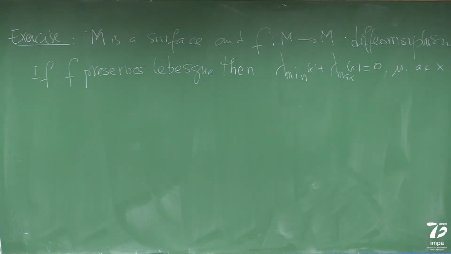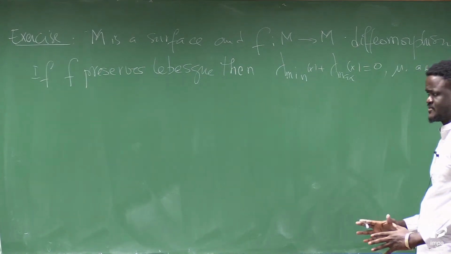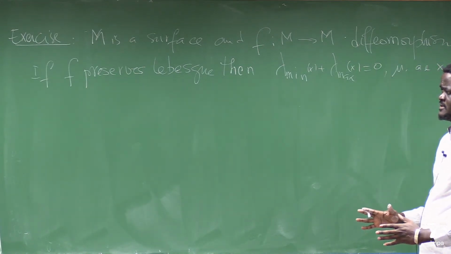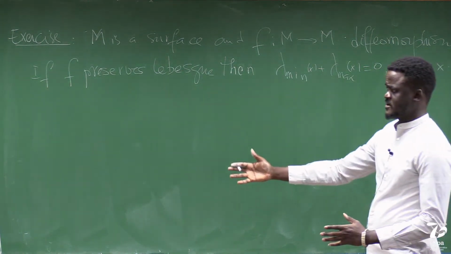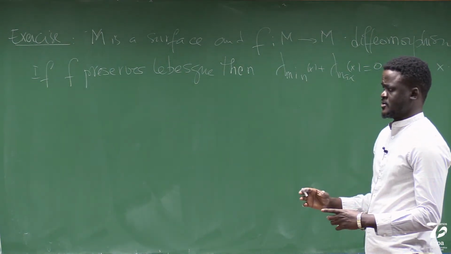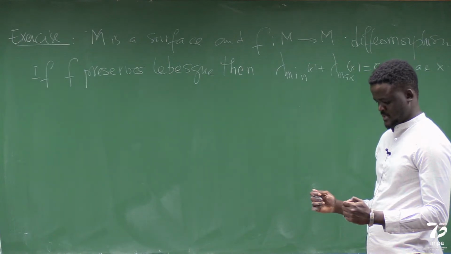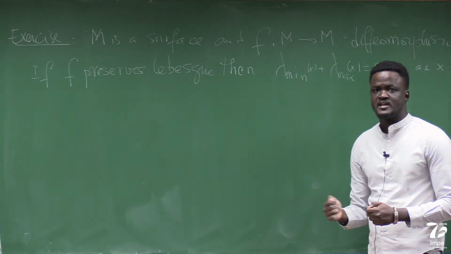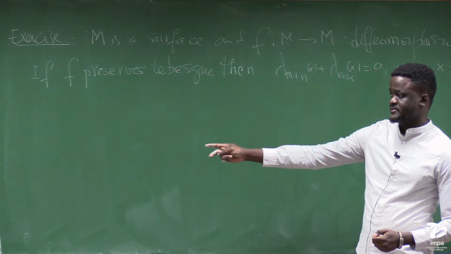As I said last time when I was doing the introduction of these Lyapunov exponents, I was telling you that Furstenberg's theorem is a way to do what we have as eigenvalues of a dynamical system when you have a nonlinear system.